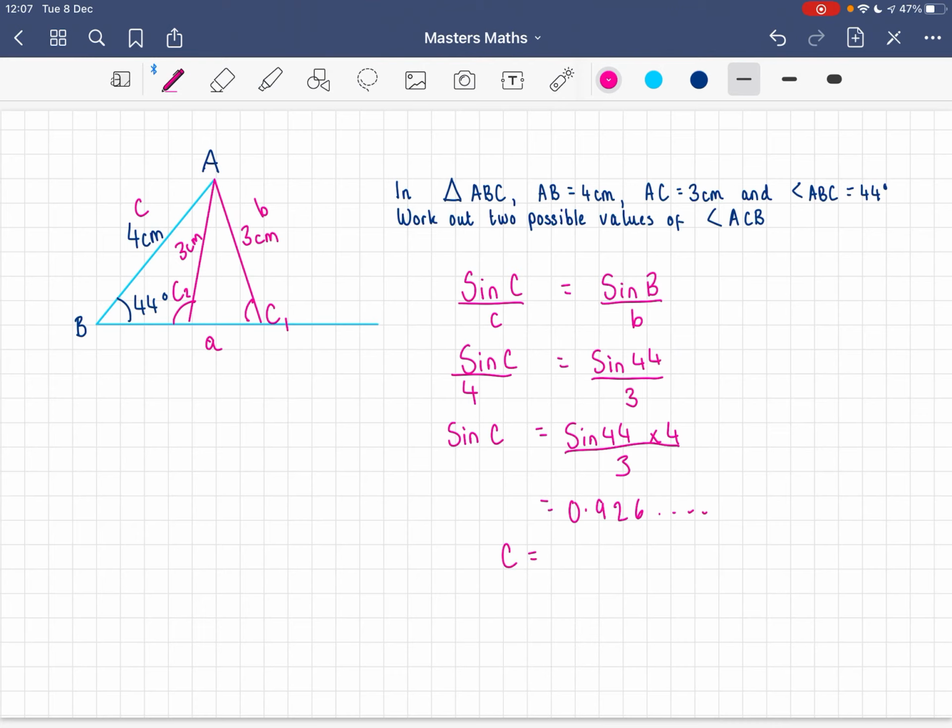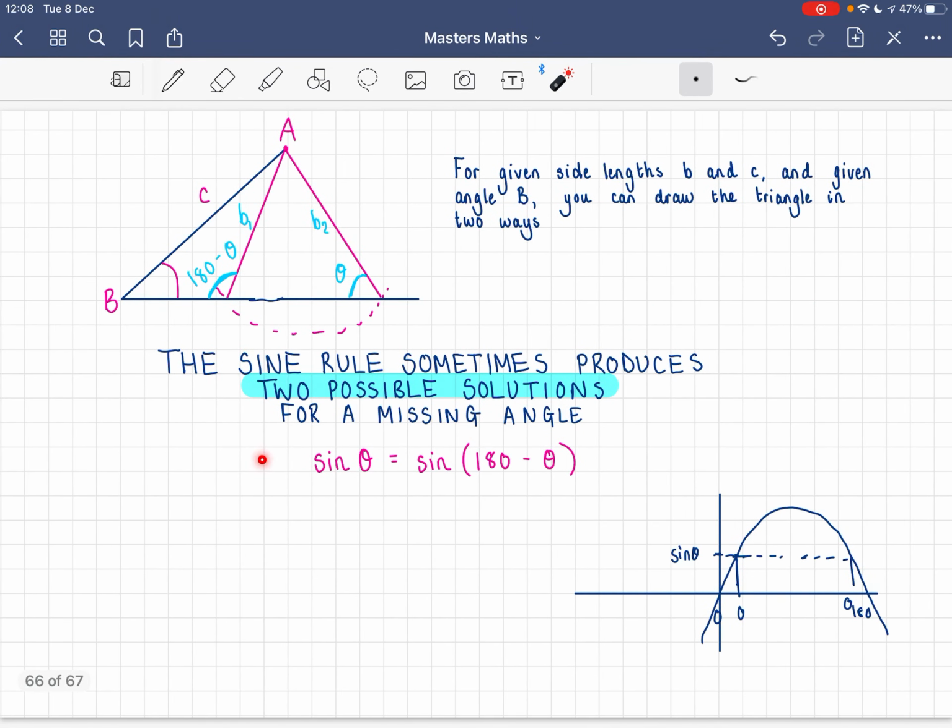I'm going to leave it as it is to find what angle C is as accurately as possible, so I'm doing shift sin minus 1 of my answer, which is 67.9 to three significant figures. But the question asked me for two possible values, so I know I need to use this.